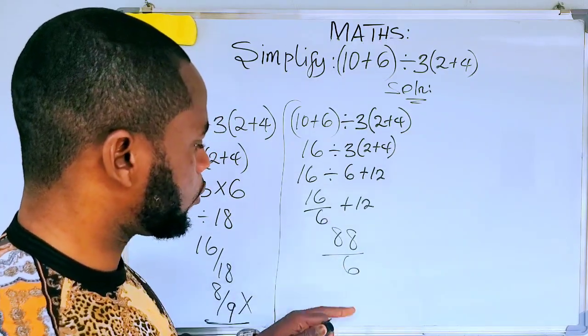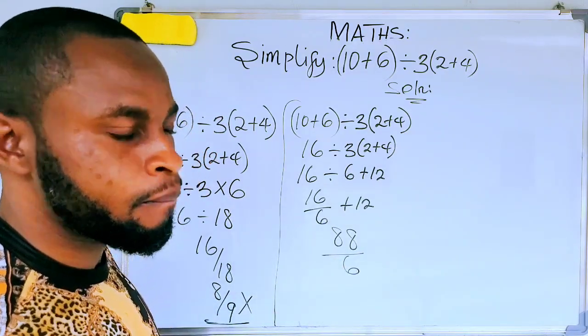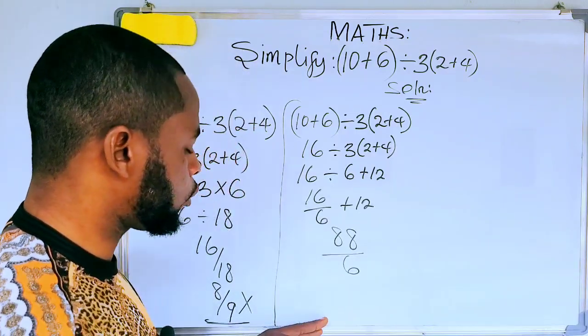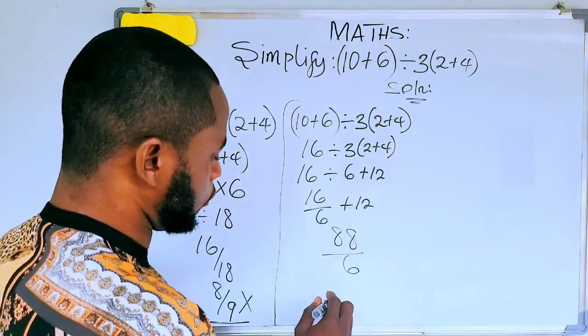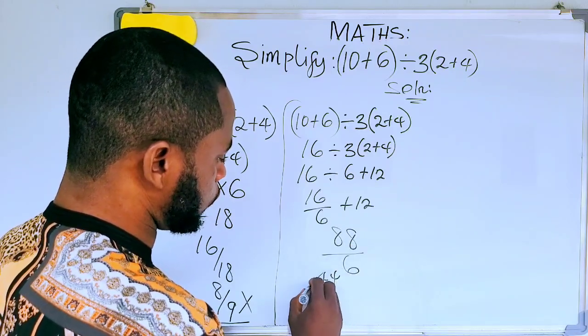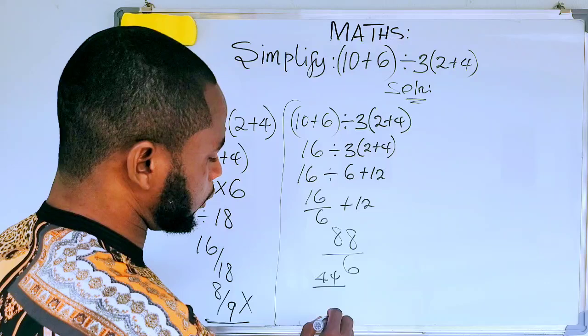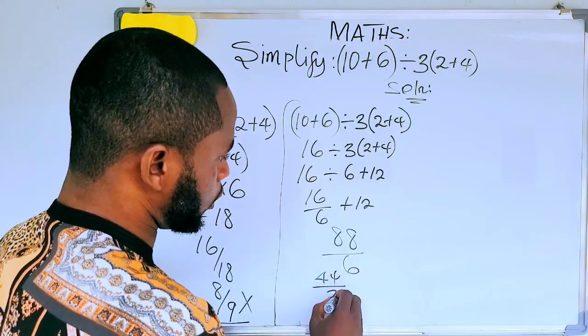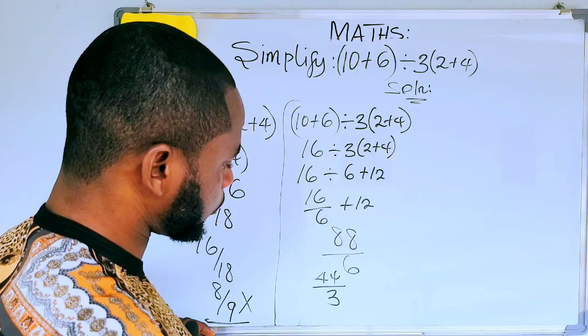And here we divide both the numerator and the denominator by 2. And that 88 divided by 2, that gives 44, and 6 divided by 2, that gives 3.